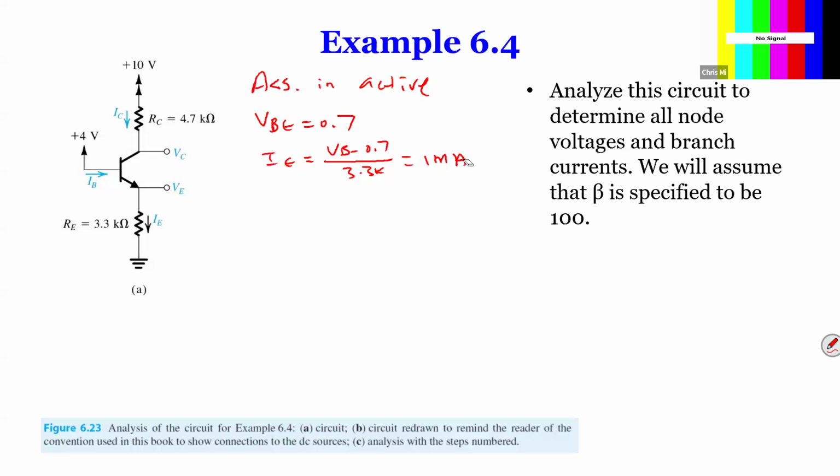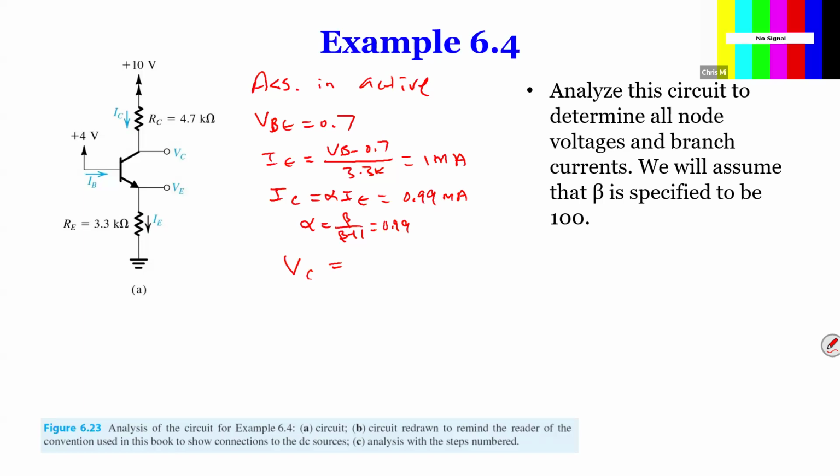So IE is 1 milliamp, which means IC is going to be alpha times IE, not beta. Of course, you guys know alpha is beta over beta plus 1. So that's going to be 0.99, so IC is 0.99 milliamps. If IC is 0.99 milliamps, we can calculate VC.